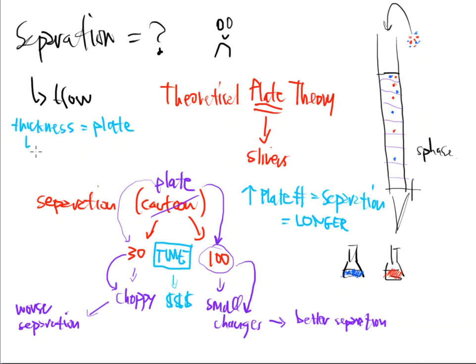So if you have a very thick plate, then that means that your separation is not going to be good, or as good as a thinner plate. If your plates are very thin in height, then you'll probably have good separation because the pages are thinner.